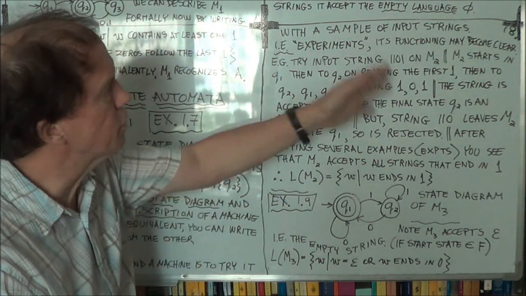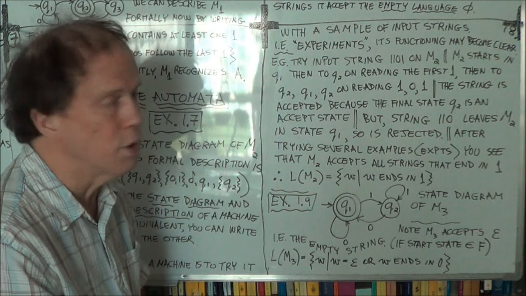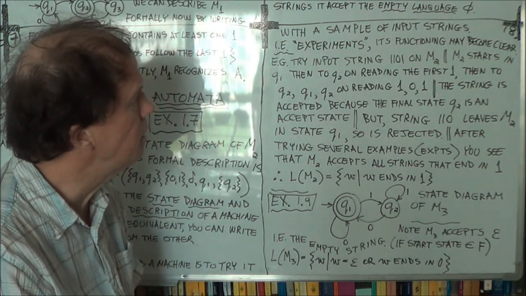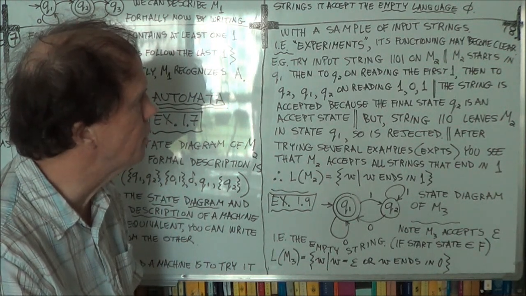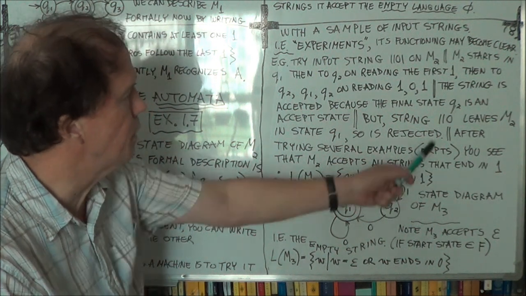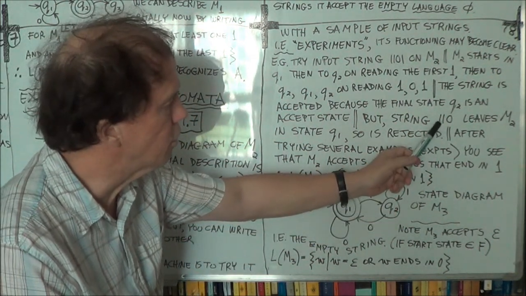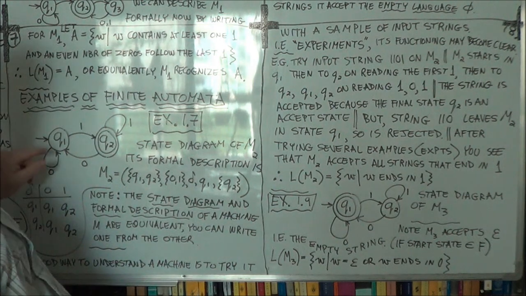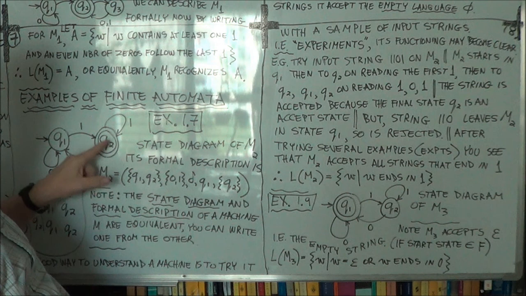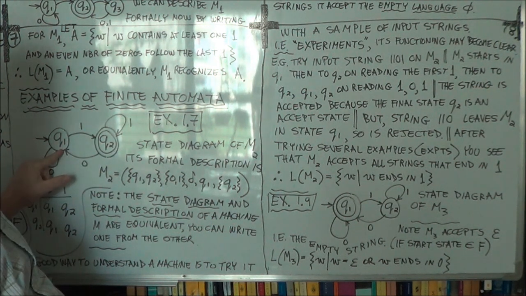Alright, so you do other experiments, you plug in a whole bunch of different input strings. Say you input this one, let's do it fairly quickly. The input string is 110. The first one takes you to here. The second one takes you back to here again. And then a 0 takes you to here. And then you stop, because you finished reading your input string.